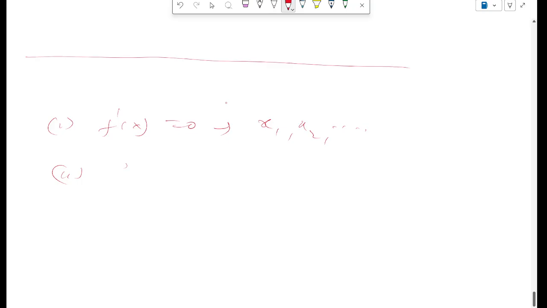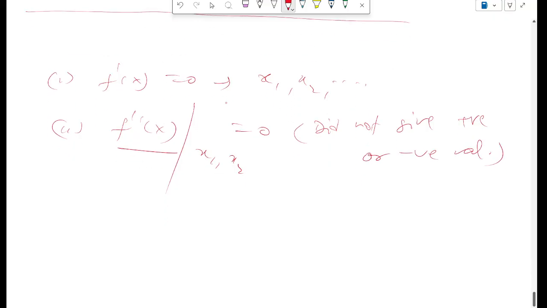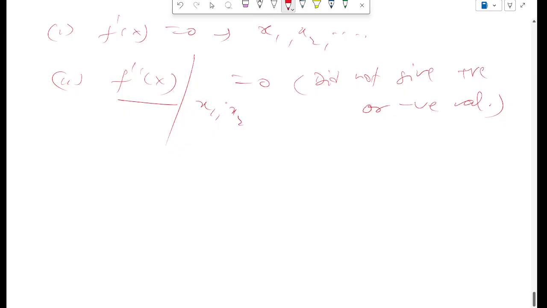Then we calculated f double dash x. At all these x1, x2, it gave us 0, did not give positive or negative values. This may happen, right? In that case we say that the second derivative test failed.